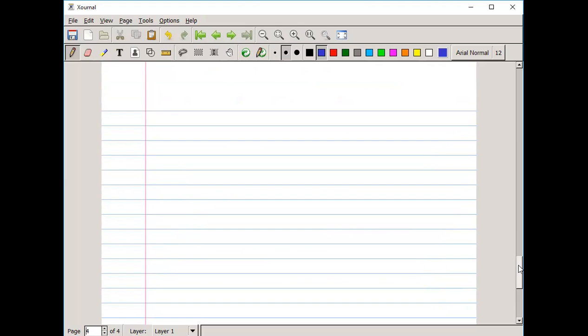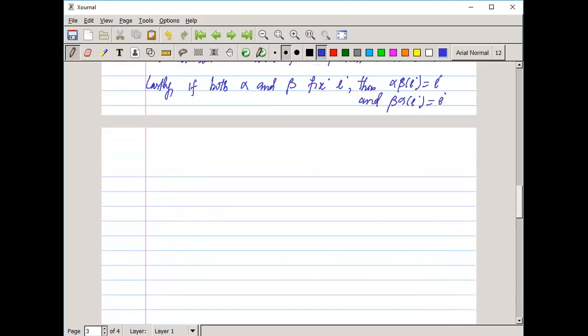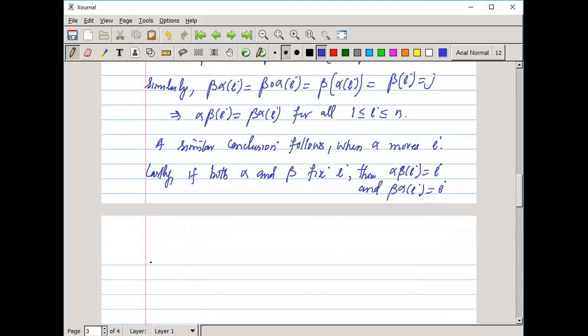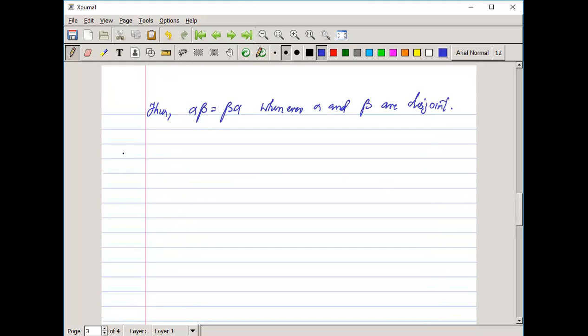Now we shall proceed further. So the conclusion is thus alpha beta is equal to beta alpha whenever alpha and beta are disjoint. Now we make one more definition here.